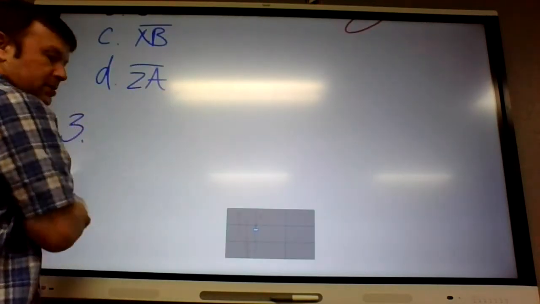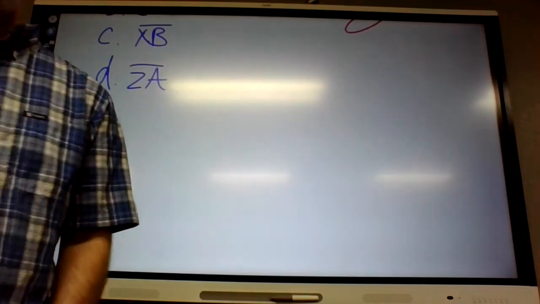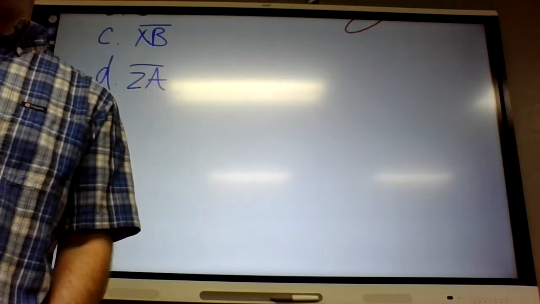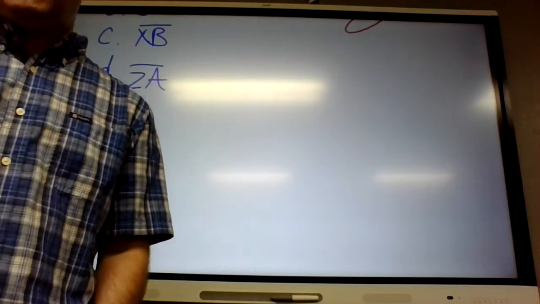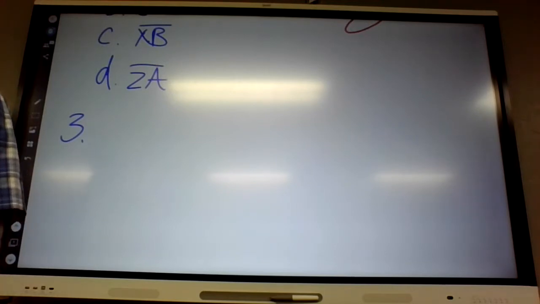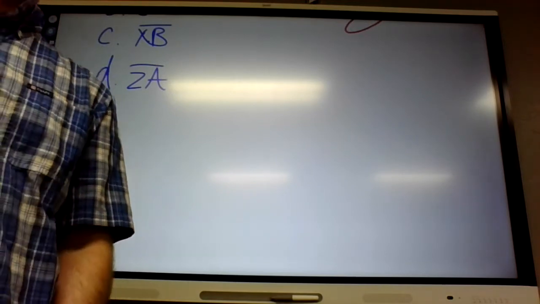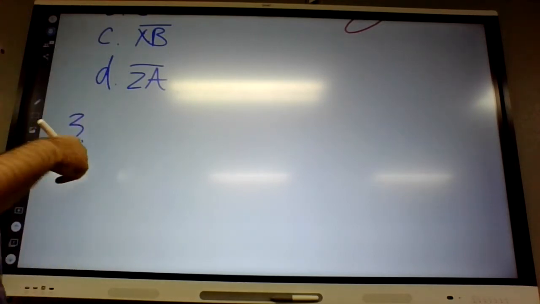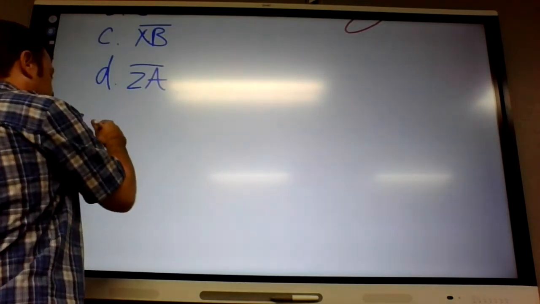Number 3. Point S is the blank of PQR. So if you read number 2, it says name the 3 angle bisectors. So they're telling us those are angle bisectors. So point S is where they meet. So where do angle bisectors meet at? What's it called? Incenter.